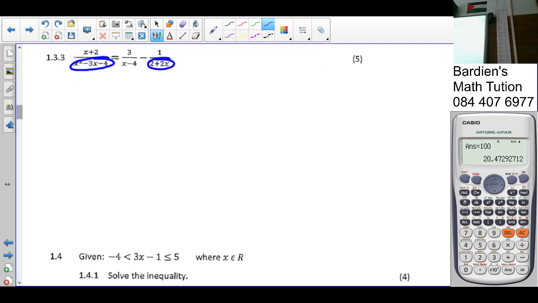Factorize so we can find an LCM. The reason why we're working out factors is so that the LCM will be smaller. If you're not going to factorize, the LCM is going to be much, much larger. Okay? You will still get the same answer, but as long as you don't make a mistake. The larger the sum, the easier it is to make a mistake.